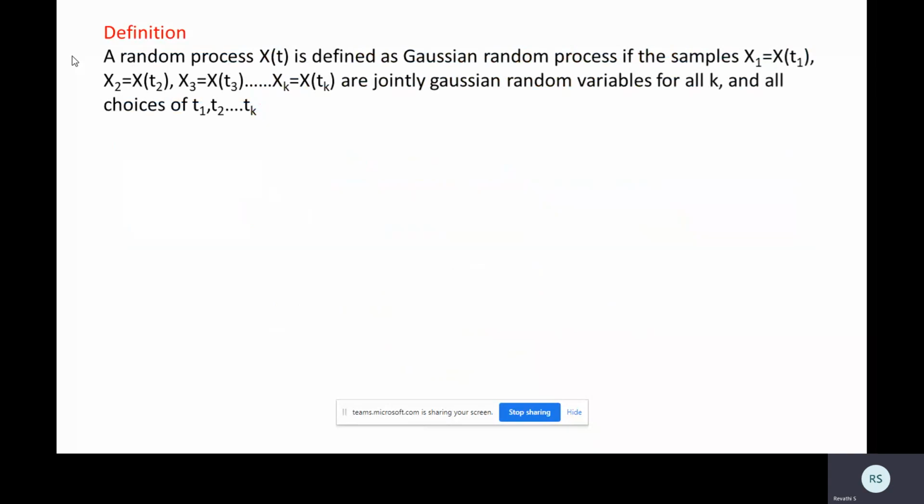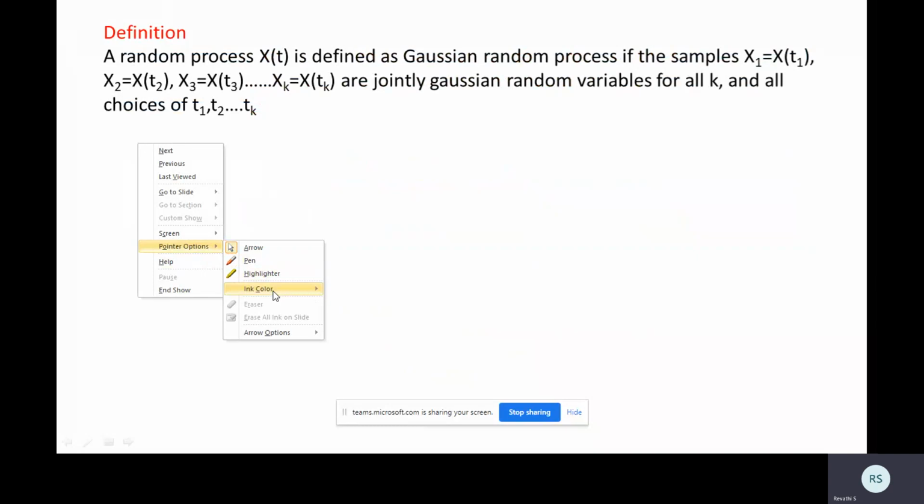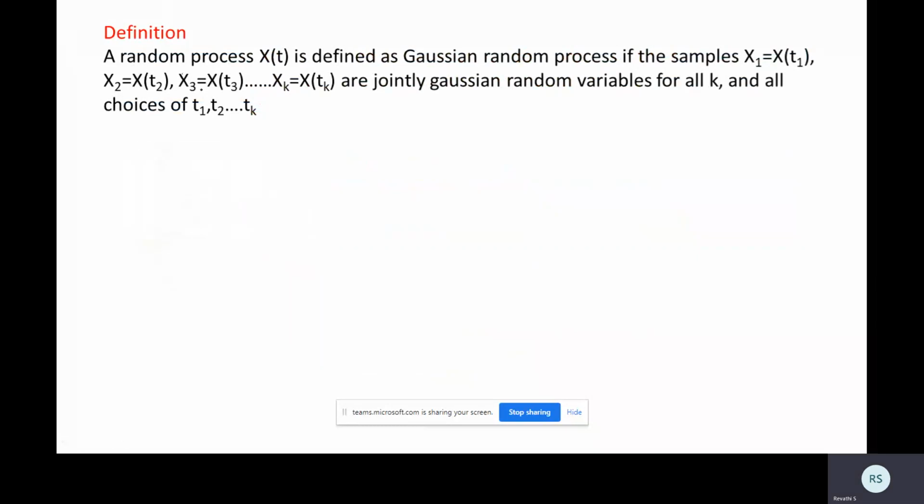In Gaussian random processes, you know the difference between random processes and random variables. A random process is nothing but a set of sample functions, say x1 of t, x2 of t, which may be discrete or continuous. Accordingly, you know how to classify the random processes.